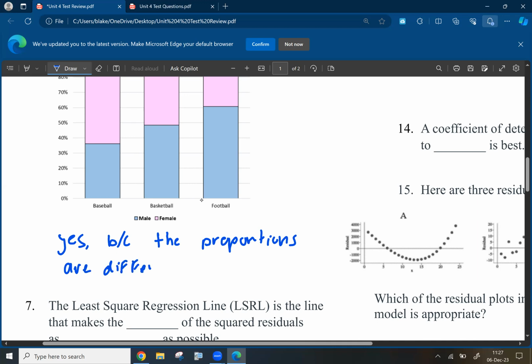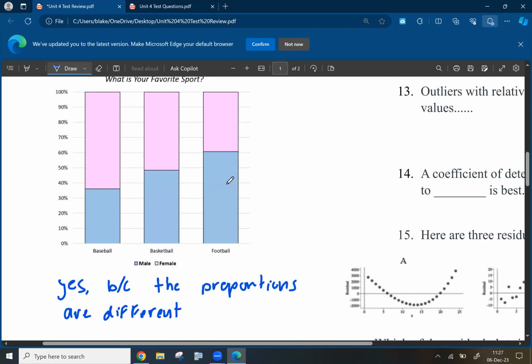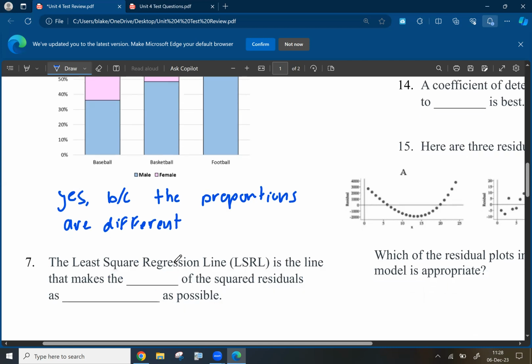To summarize a little longer, the proportions of male to female and their preferences change for each sport. So football, you've got more male preference, but baseball, you've got more female preference. So there is a distinct difference in their preferences. So yes, that means there is an association between the sport that they like and their gender.